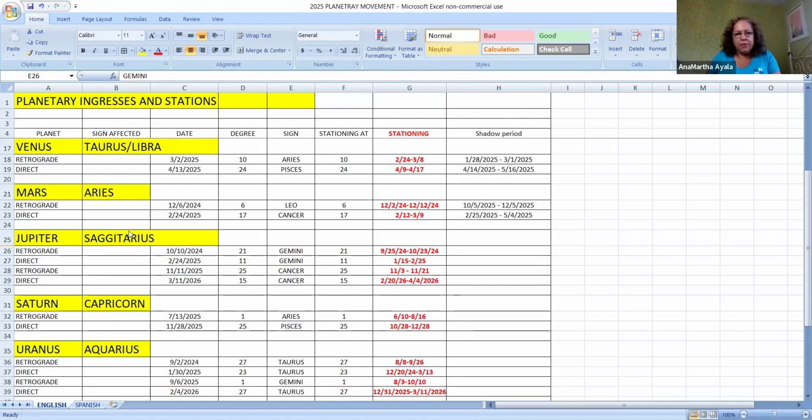Like for example, this one started October 10th of 2024, but it's going to still go direct in 25, right? February 24th of 2025. But then the retrograde for 2025 starts on November 11th of 2025 at 25 degrees of Cancer, and then it'll go direct March 11th of 2026 at 15 degrees of Cancer. And again, these are stationing dates for these degrees.